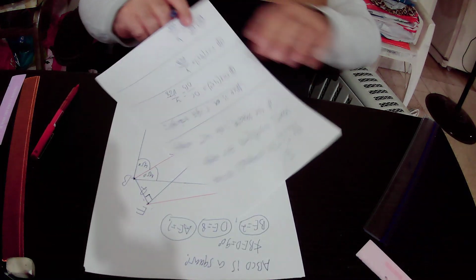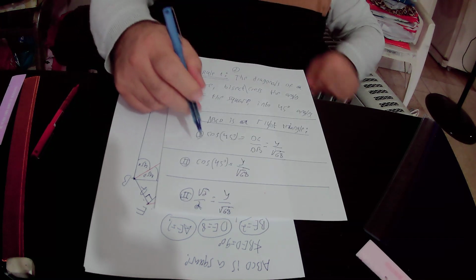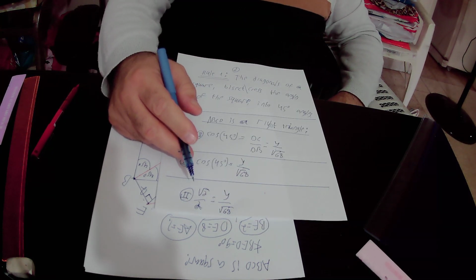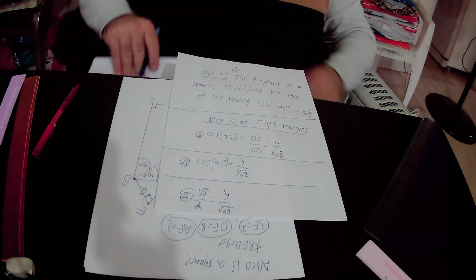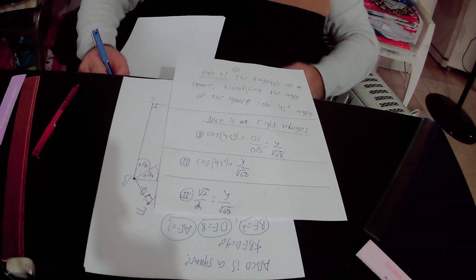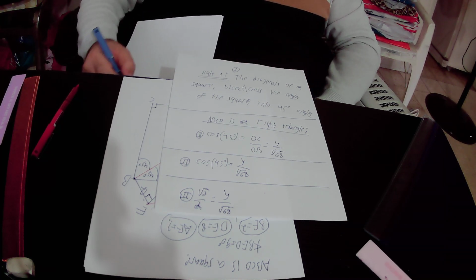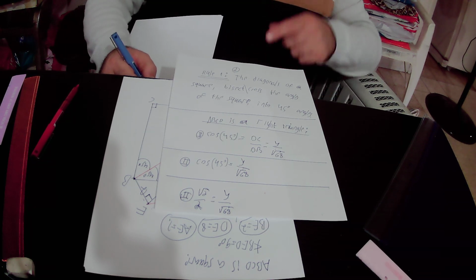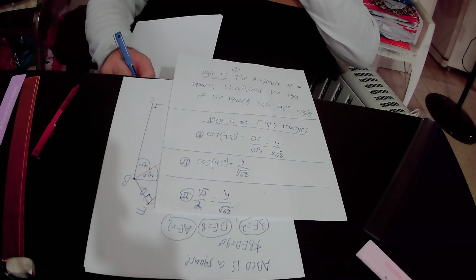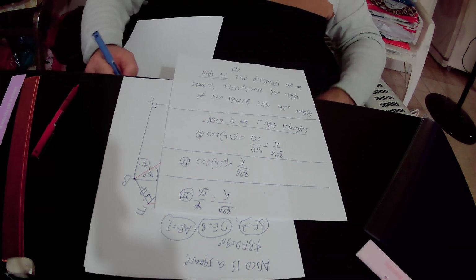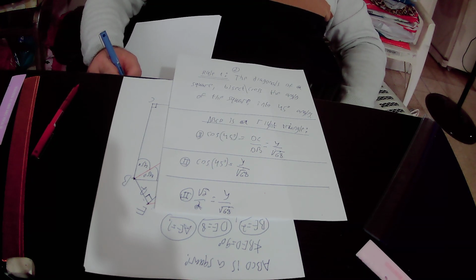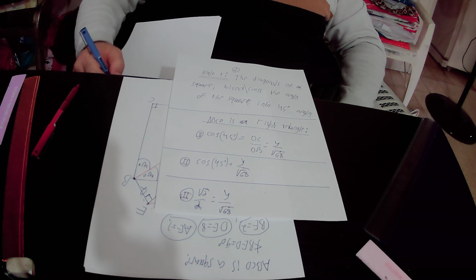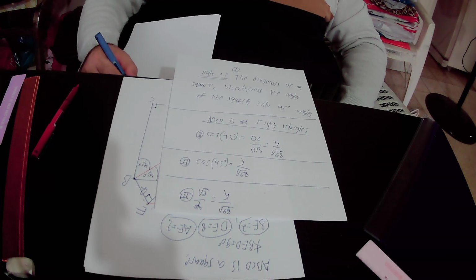Here we will multiply equation number 2 by square root of 68, and we will get that y equals the square root of 68 times square root of 2 over 2.